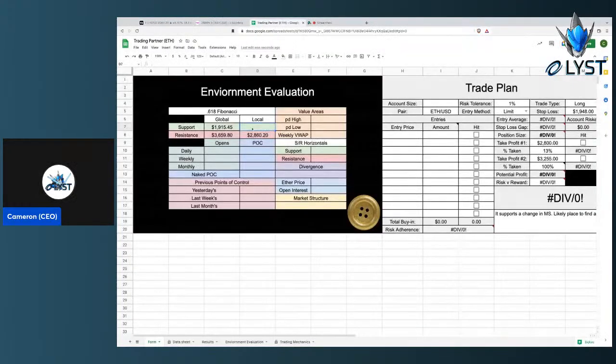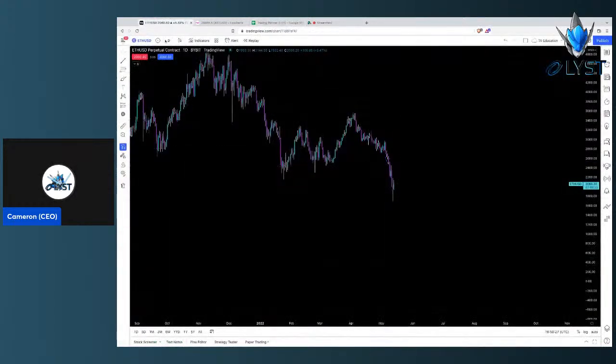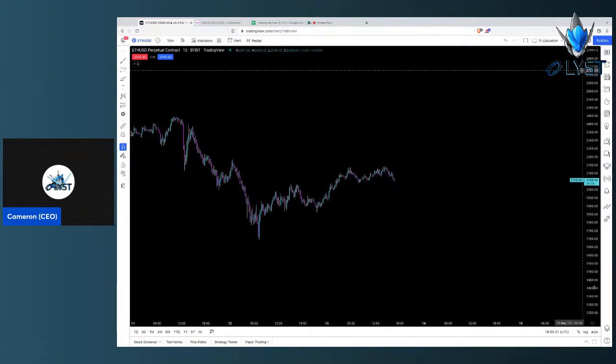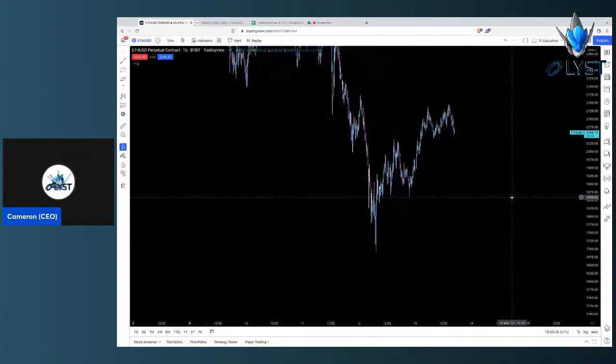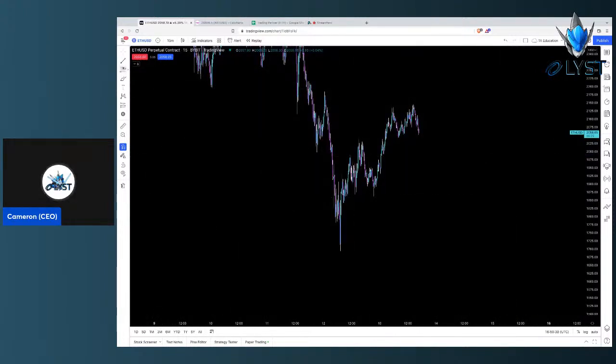So we're going to skip local 618 support. It's not ridiculous, we can put it in, but when you're looking at a 15-minute chart compared to a daily chart, the support levels are going to be very different.